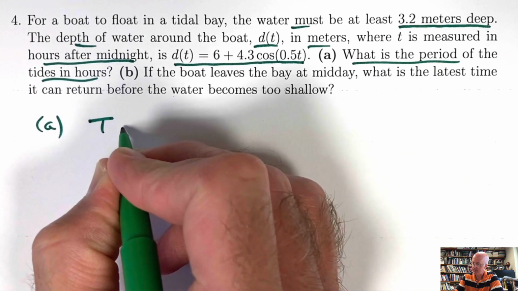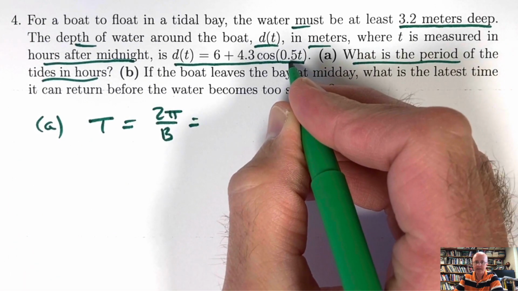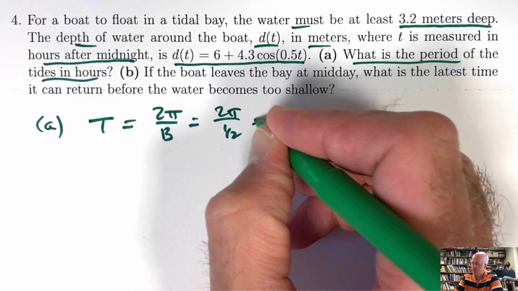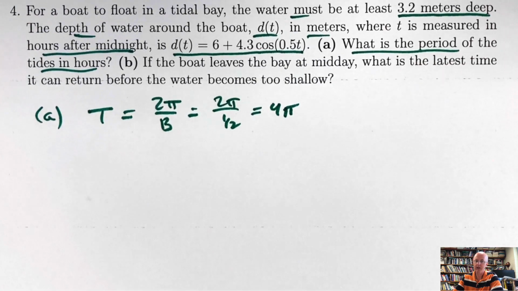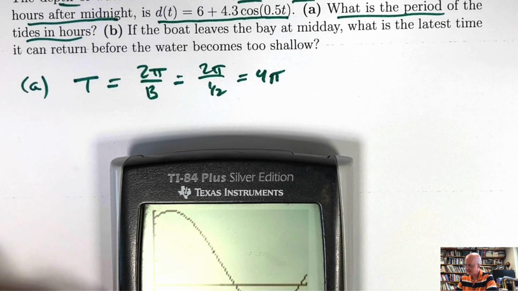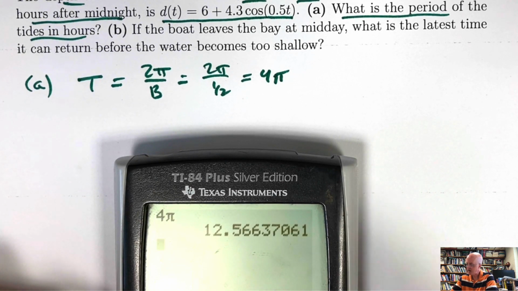The period, capital T, is 2 pi over b. The b is the 0.5 here. That's 2 pi over 1/2, which is 4 pi. Let's go ahead and approximate it. Fortunately, this is somewhat realistic in that 4 pi is close to 12, which is what periods of tides often are.